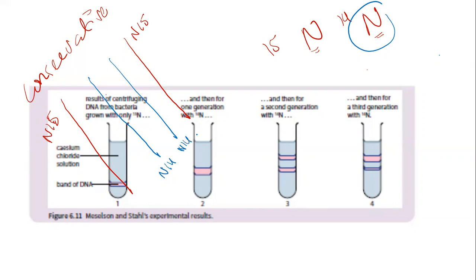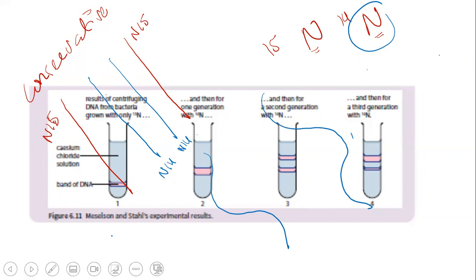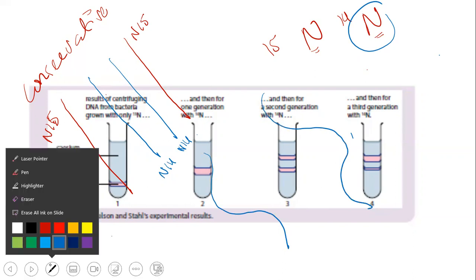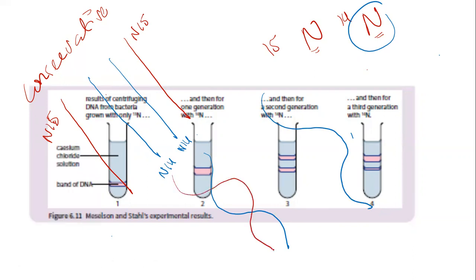Now they took the resultant DNA and did centrifugation, and they separated the DNA strands that were being made based on their mass.